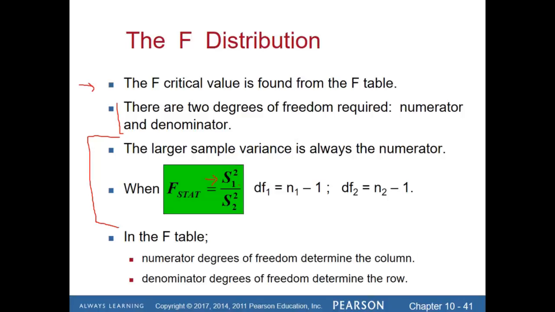Remember, we get to decide which is population 1, which is population 2, which is sample 1, which is sample 2. So we just want to pick the one that has the greater variance and assign that as 1, so it goes in the numerator. All right, so those are some characteristics of the F distribution.